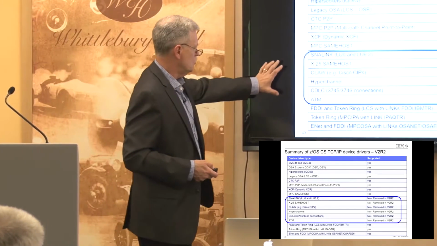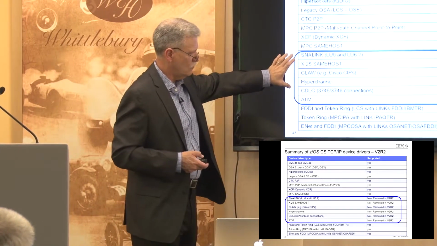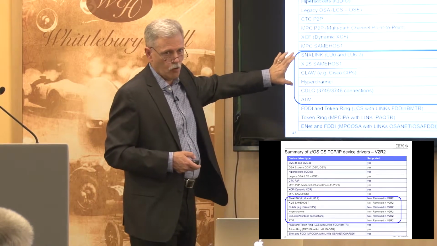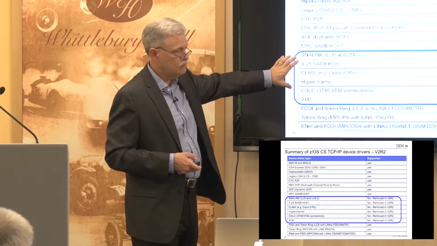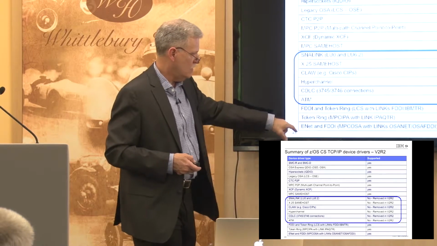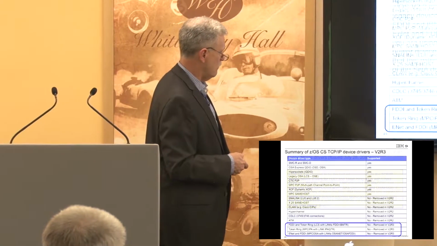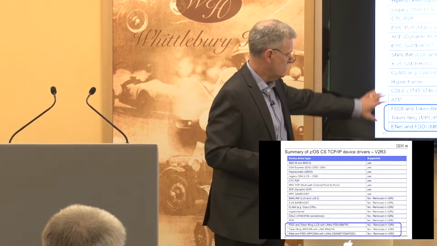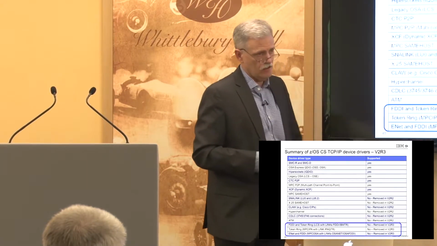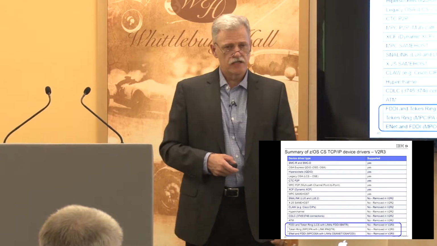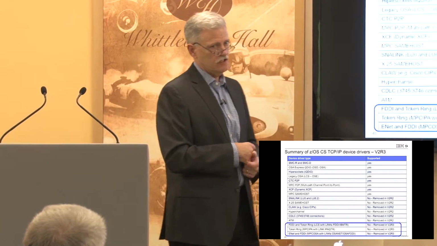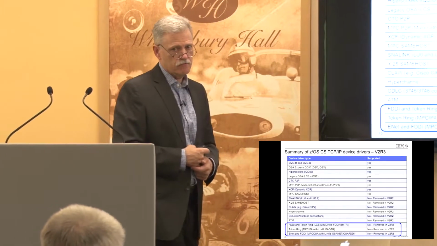So in 2.2 we removed the ones shown here. So this is old news, hopefully for most of you if you're on 2.1 or 2.2. And then in z/OS 2.3 we had talked about removing the remainders, and so now they are removed. So everything from SNA-Link down is now gone. That's hardware that's essentially been obsolete for many years.